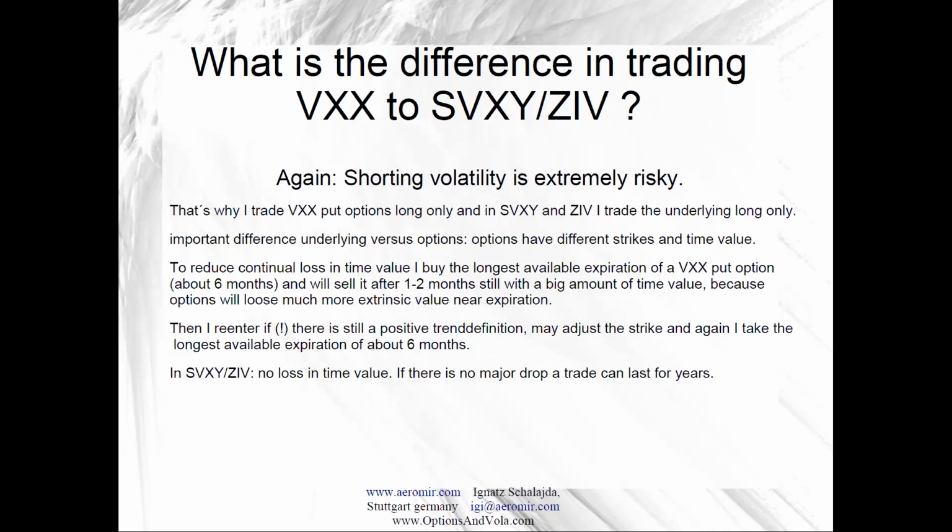In the last 2 months, the extrinsic value drops like a rock. Then I re-enter if there is still a positive trend definition. And I may adjust the strike. And again, I take the longest available expiration of about 6 months.